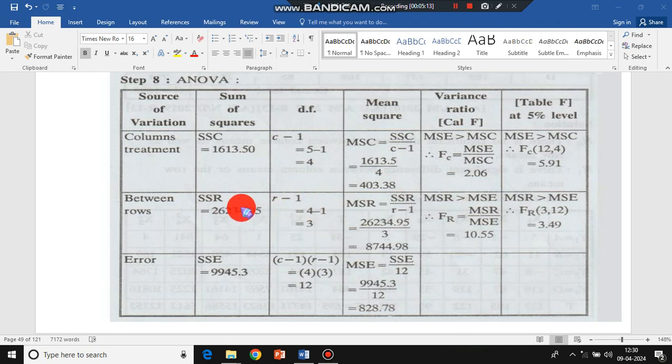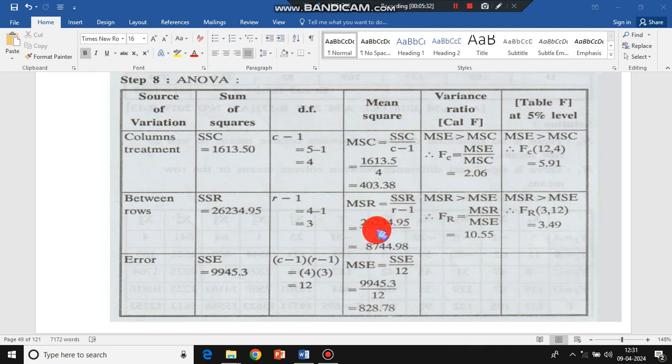So we have got the SSR value, we have got R minus 1. If you divide this by this, what we get is mean square row wise. So SSR divided by R minus 1.